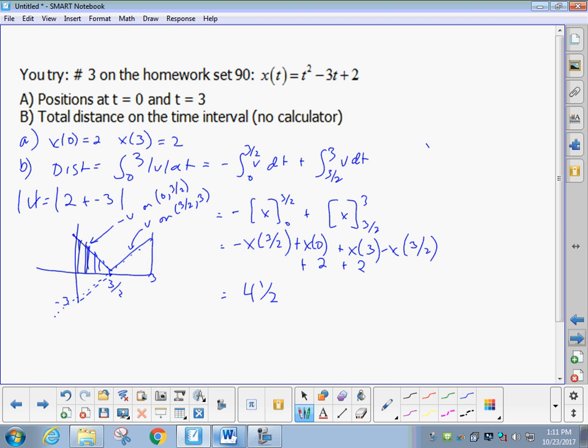I need x at 3/2. x at 3/2 is 9/4 minus 9/2 plus 2. Common denominator is 4. I get 9 minus 18 plus 8. That is -1/4. So if I plug in -1/4, then I get 1/4 plus 2 plus 2 plus 1/4, which is 4.5. Right? Okay.